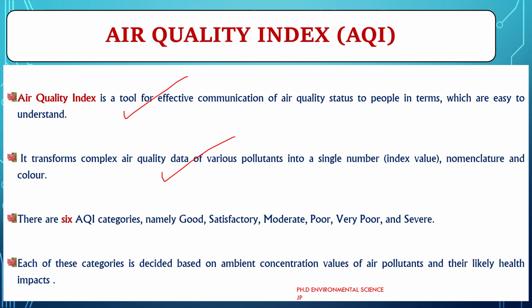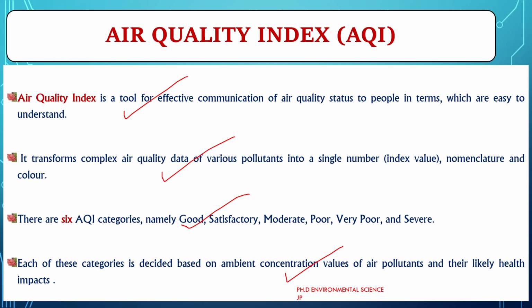There are 6 AQI categories, namely good, satisfactory, moderate, poor, very poor, and severe. The AQI for a given location is calculated based on the ambient concentration values of several air pollutants, and the category assigned to the AQI value reflects the potential health impacts associated with the concentration of these pollutants.